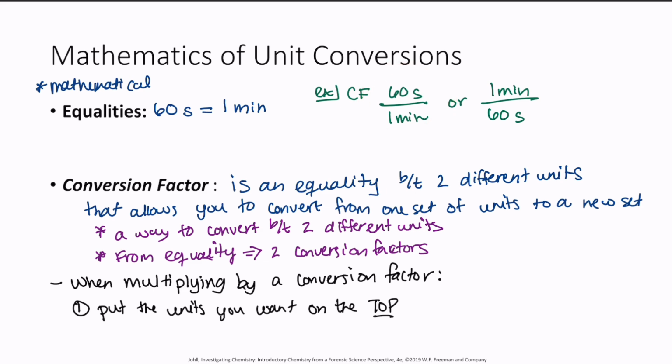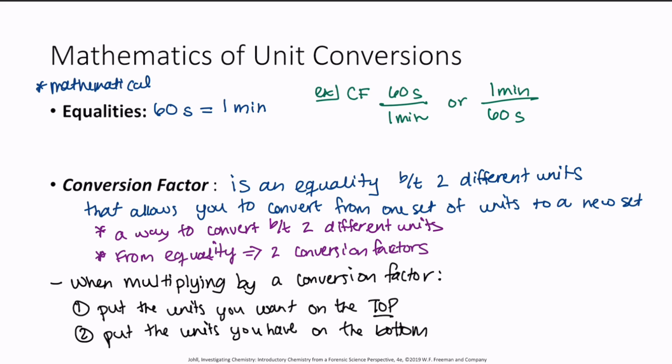If my problem asked me to solve for minutes, then I would use my other conversion factor where minutes was on top. Now, you're going to put the units you have on the bottom. And the reason we do that is because you want to cancel those units out.